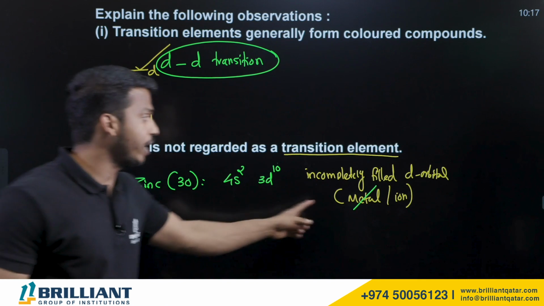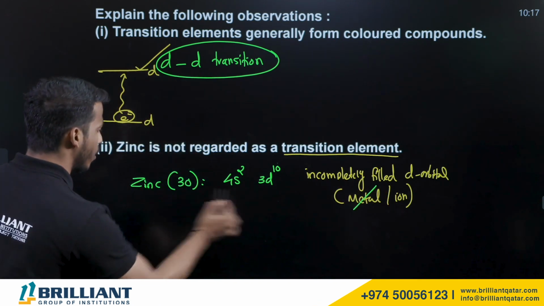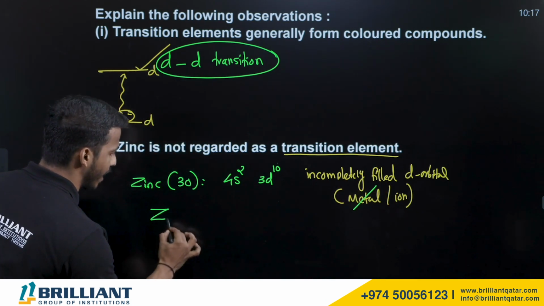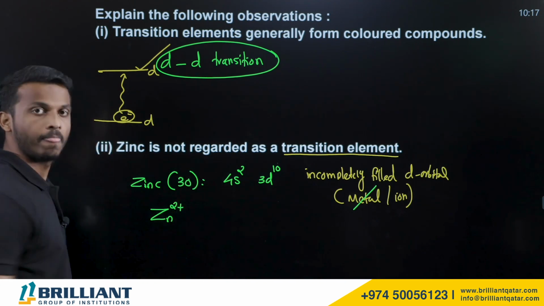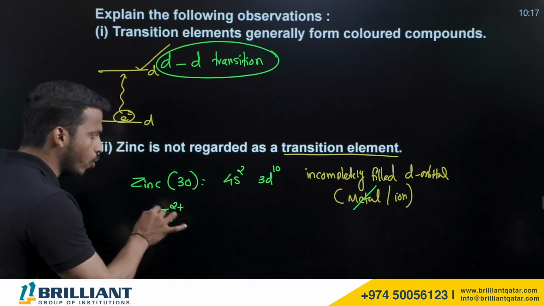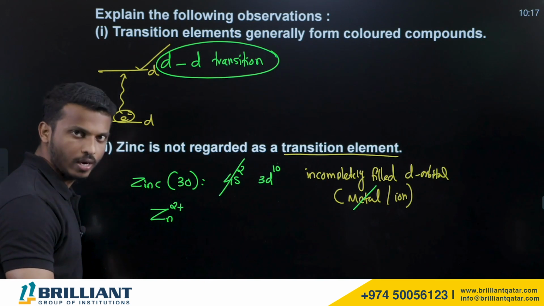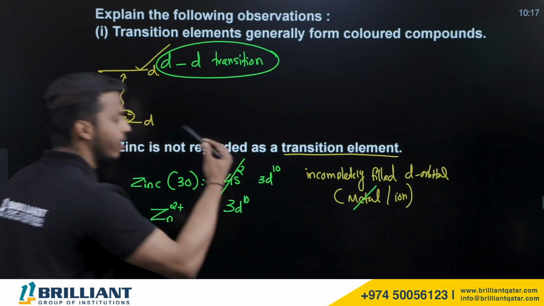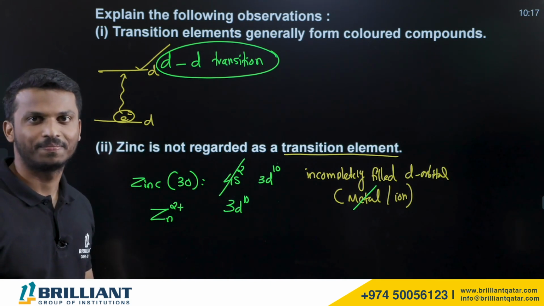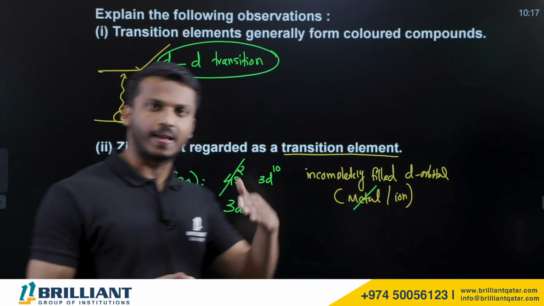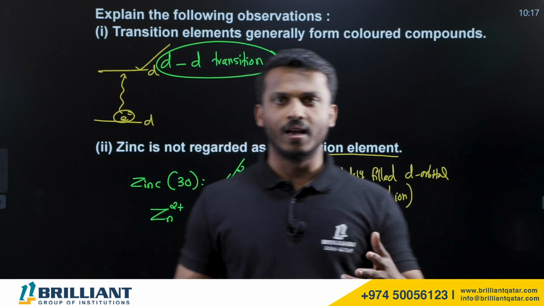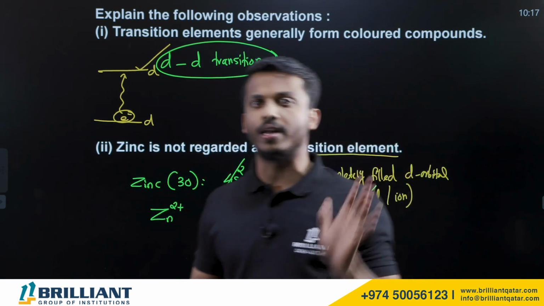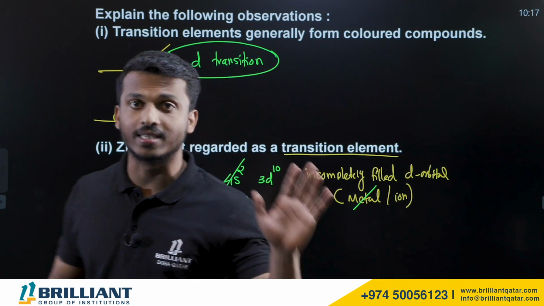We can't conclude yet. Check its ion also. What is the normal ionic form of zinc? Zn2+, right? In the Zn2+ state, it loses the outermost 2 electrons because the outermost orbital is 4s, and the remaining is 3d10. Still, the d orbital is fully filled. Correct? So if an element in its metal state or ionic state has a completely filled d orbital, it is not considered a transition element.